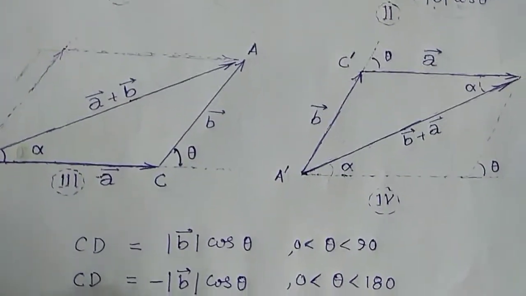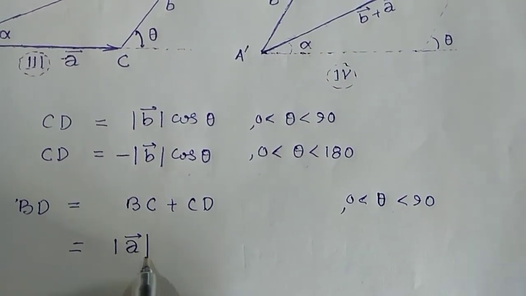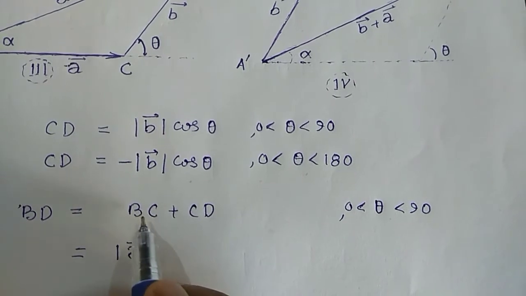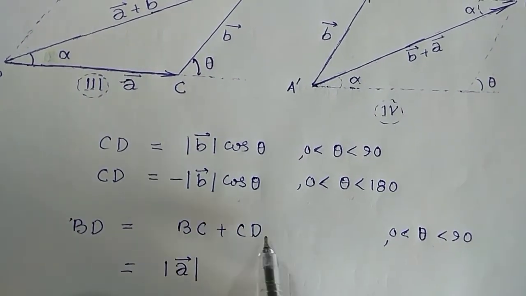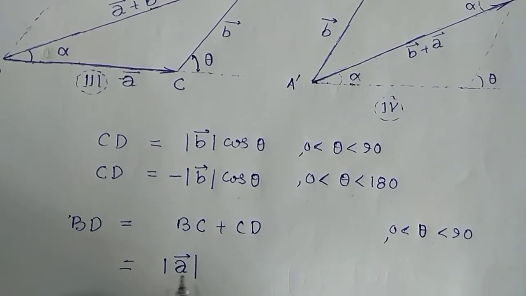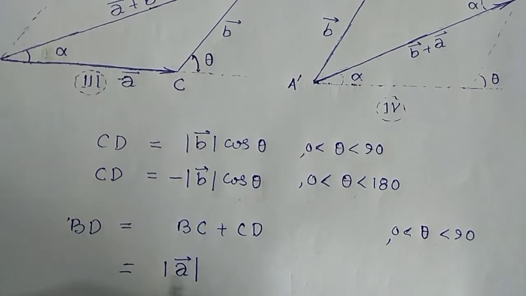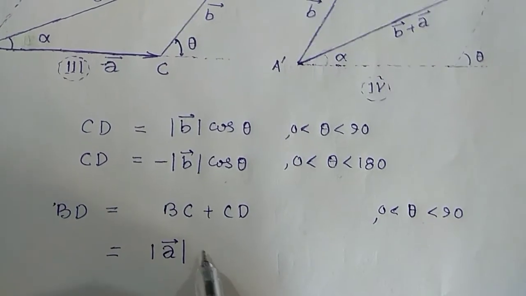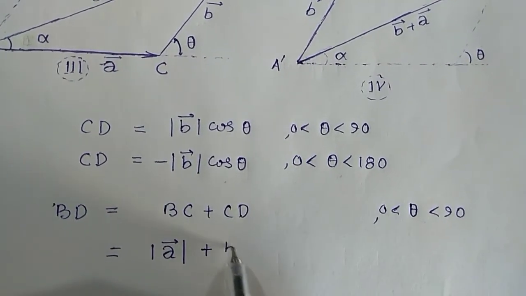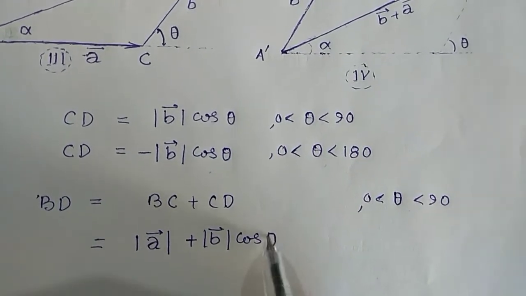According to this, BC is nothing but has a magnitude equal to mod of A. We are here writing a geometrical length, but here we are writing a physical length, because if you add a constant to both sides, this constant cancels out. So directly we say mod of CD is nothing but mod of B and cosine of theta.